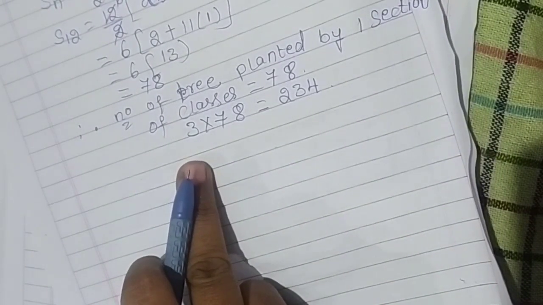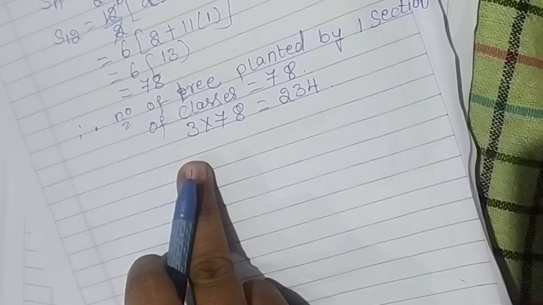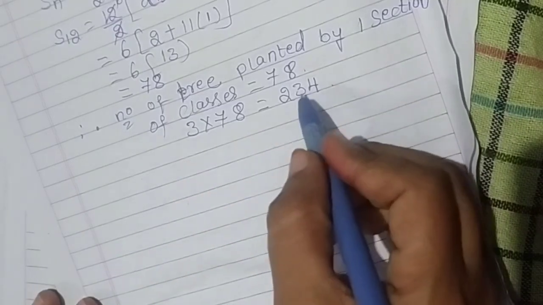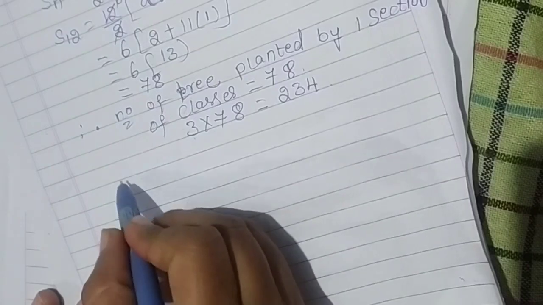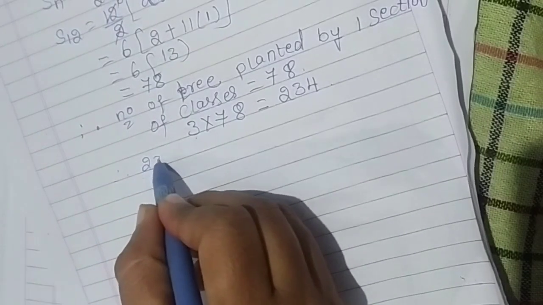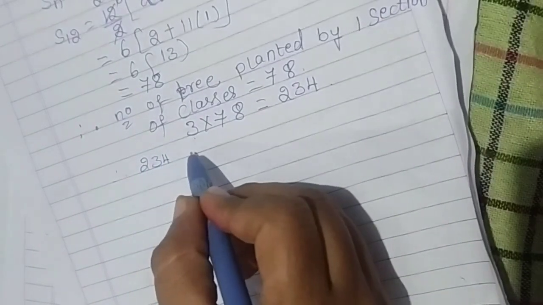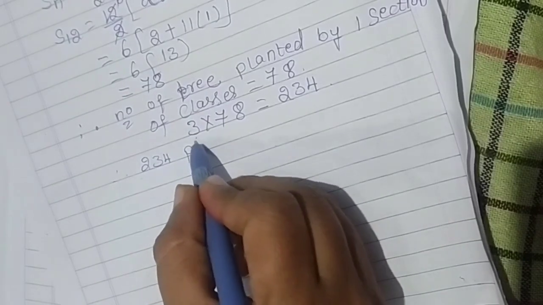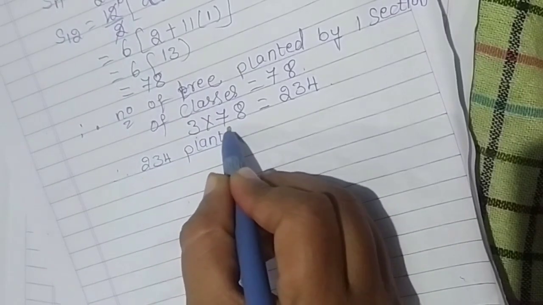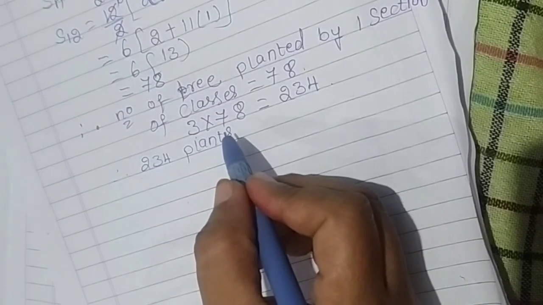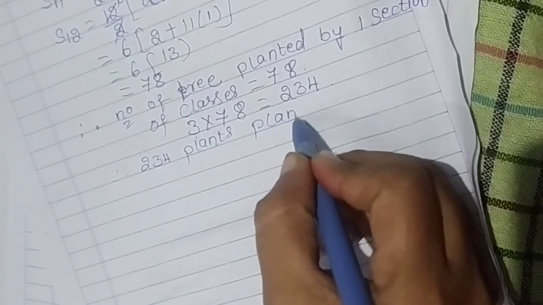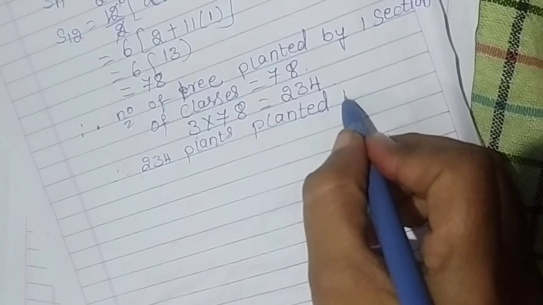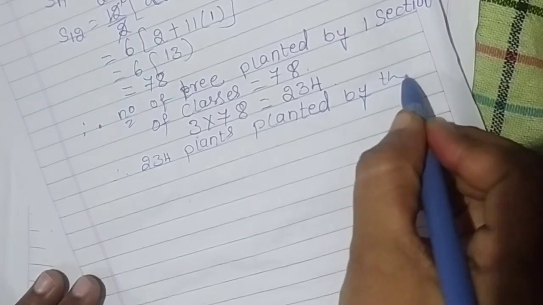Because each class will be having 3 sections. So at last what you will write? Therefore, 234 plants planted by the students.